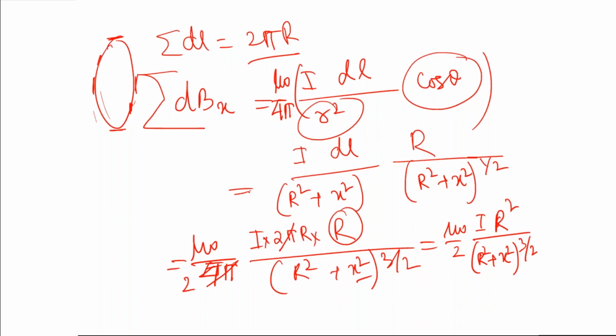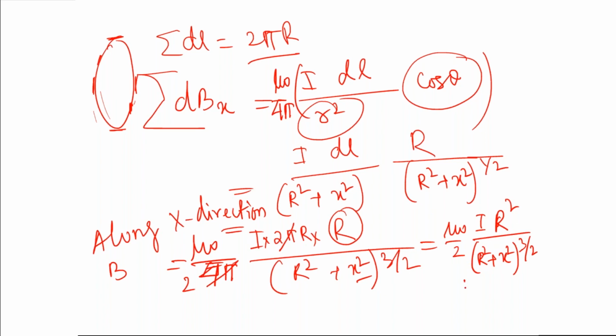Now this total magnetic field will be along the x direction, along the direction of the axis itself. So using this you can find out the magnetic field at any point on the axis. So this was my derivation.